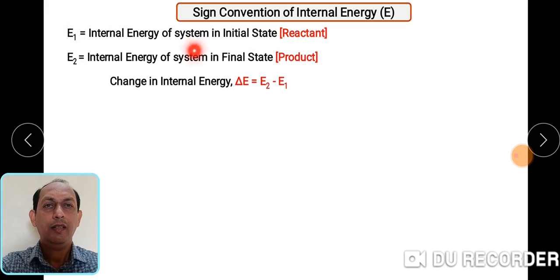E1 means the energy of the reactant or initial state.